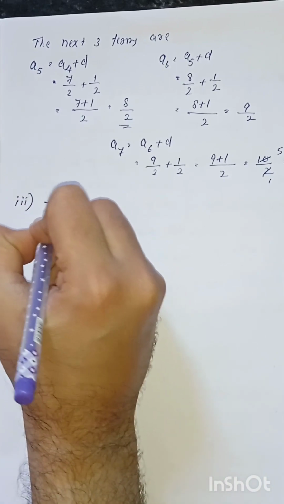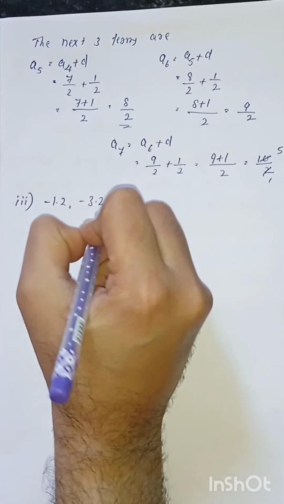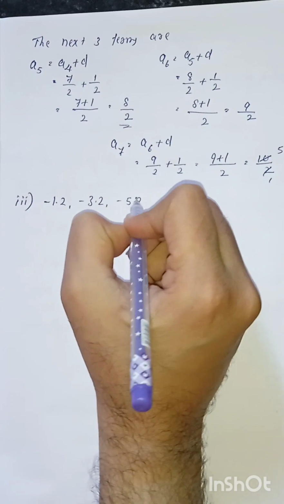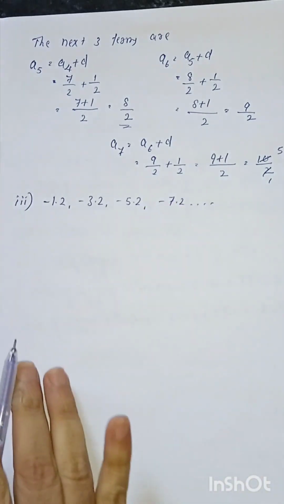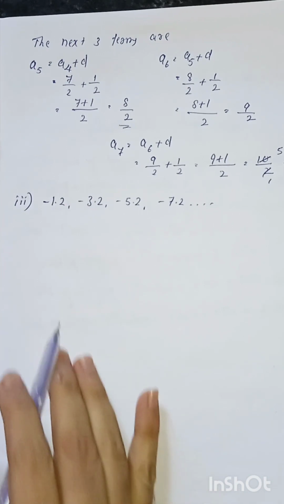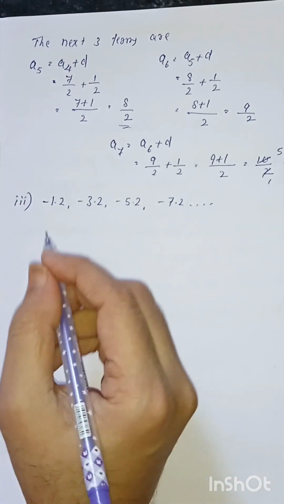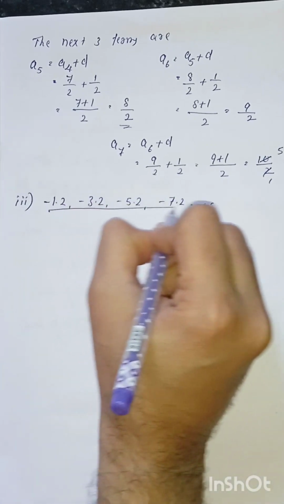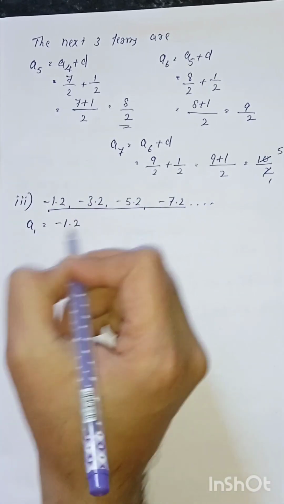The third problem is minus 1 by 2, minus 3 by 2, minus 5 by 2 and minus 7 by 2 and so on. Here also we have to check first whether the sequence is in AP and then the common difference, and if it is in AP we have to find out the three next terms. So A1, that is the first term, is minus 1 by 2.